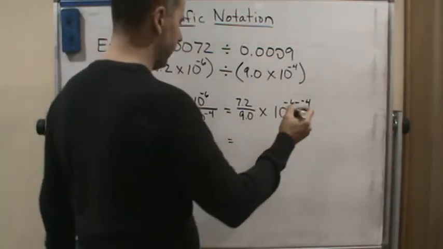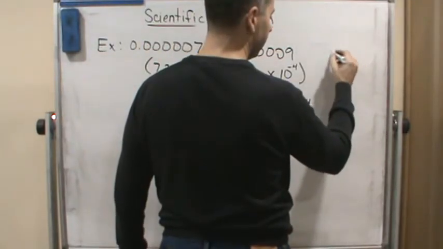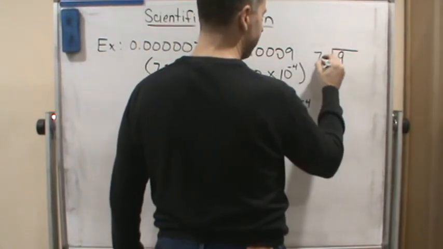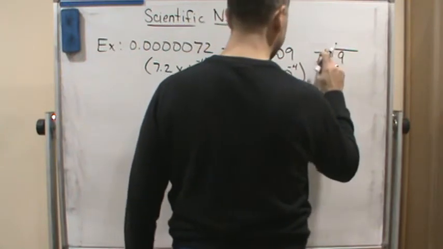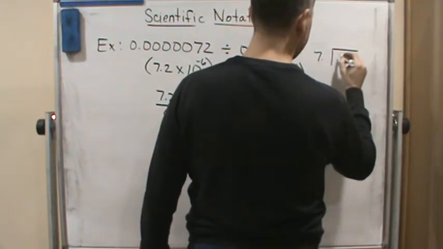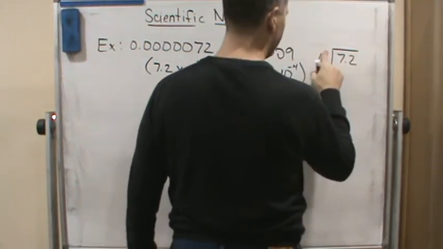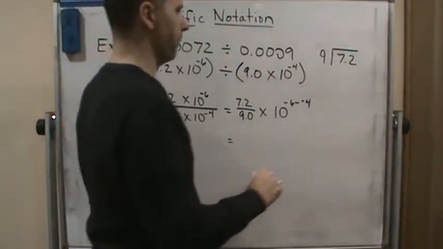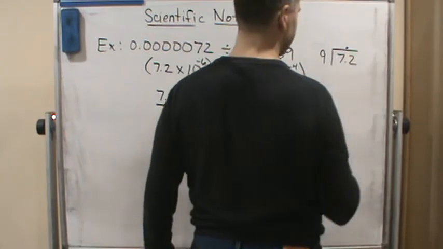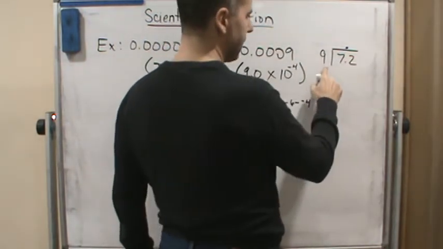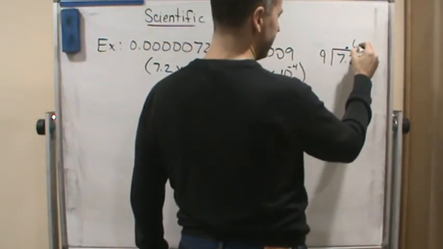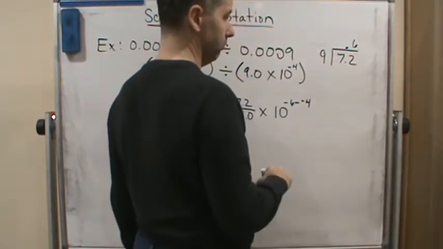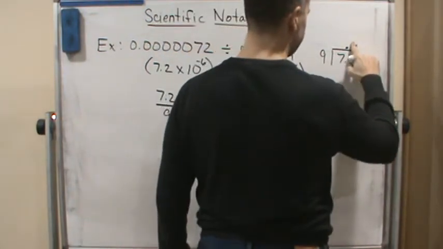Well, 7.2 divided by 9. Well, let's do it. Well, how many times is 9 going into 72? That's going to be 6. Actually, no, not 6.